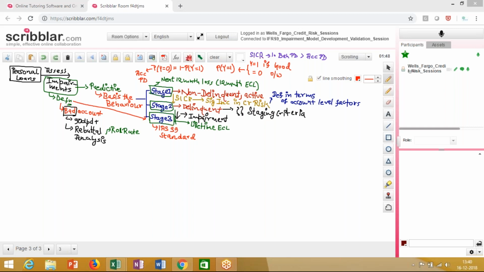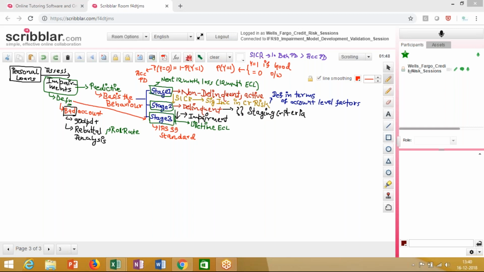Generally, banks would like to know their stage distributions at the end of each month, right? So that's where they decompose the ECL figures and look into it. Say every bank does it around the 25th of the month.